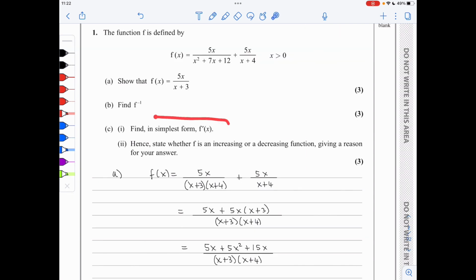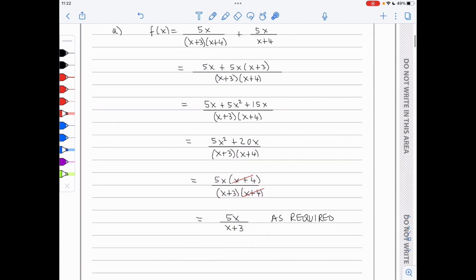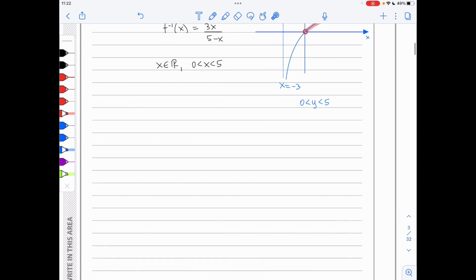In part C, we need to find the derivative in its simplest form and hence state whether f is increasing or decreasing, justifying our answer. So I will start by stating that f(x) was found to be 5x over x plus 3. So I will apply the quotient rule of differentiation.